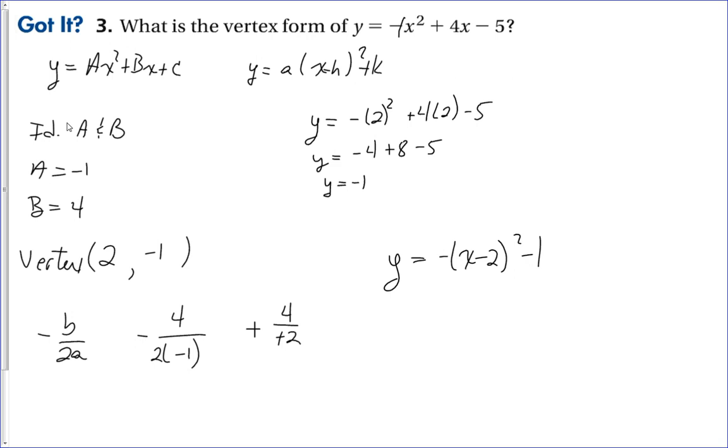All right, so once you find a and b, and you find your vertex, remember you just plug those variables back up here for x, h, and k, and you simply get your final answer, which takes standard form and converts it into vertex form.